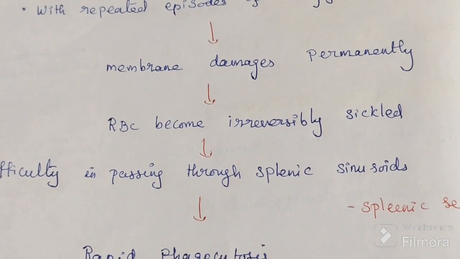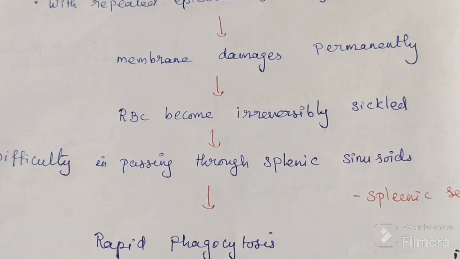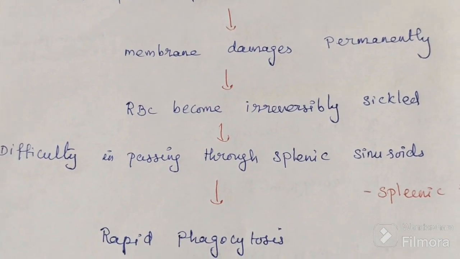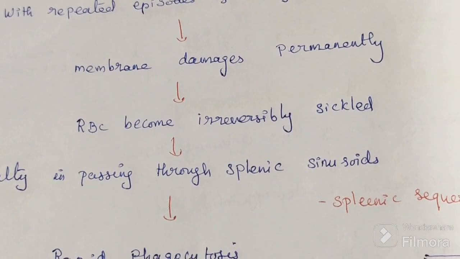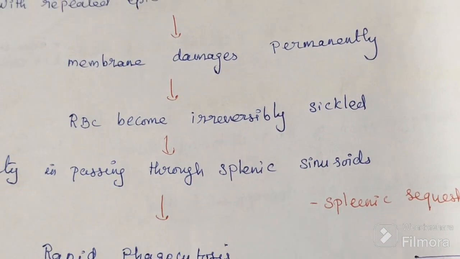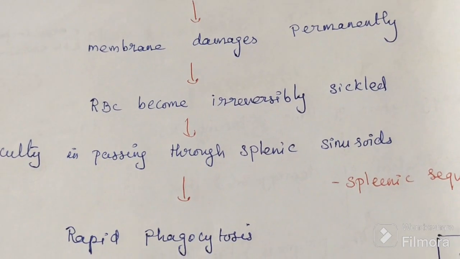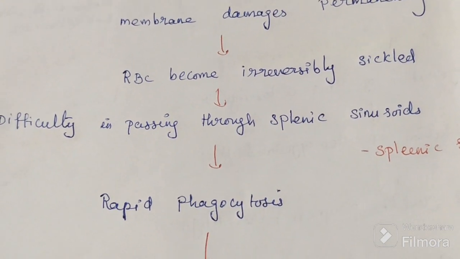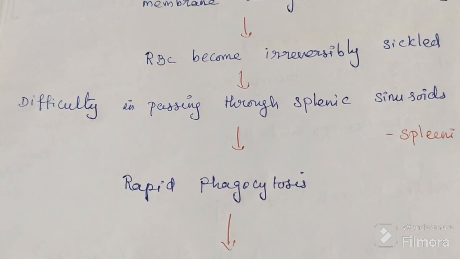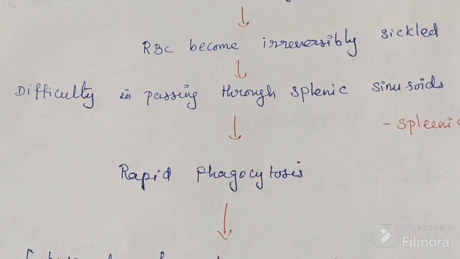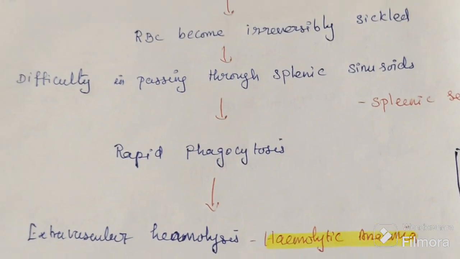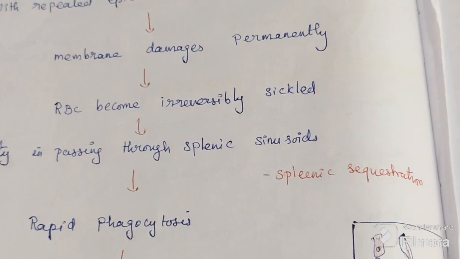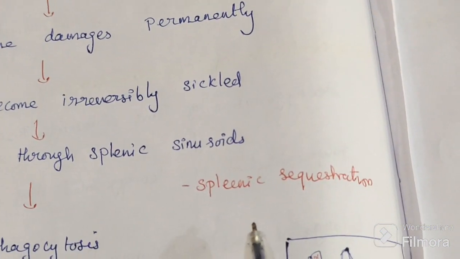So when that abnormal sickle cell RBC passes through the splenic sinusoids, the spleen recognizes it as an abnormal RBC, and it causes phagocytosis.